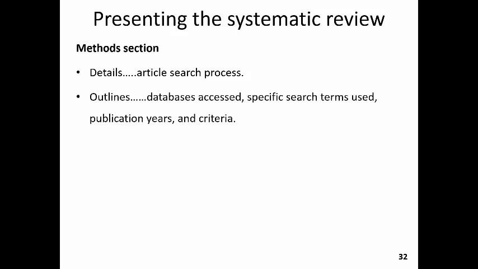The methods section is essentially a summary of much of what was discussed in this unit, and so the details regarding the article search process must be articulated here, outlining the unique databases that were accessed, if there was more than one investigator that accessed those databases, and the very specific search terms.